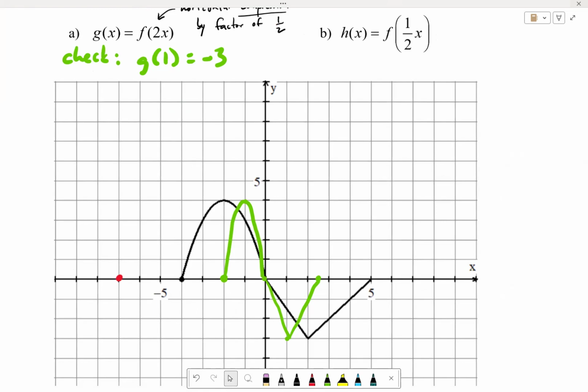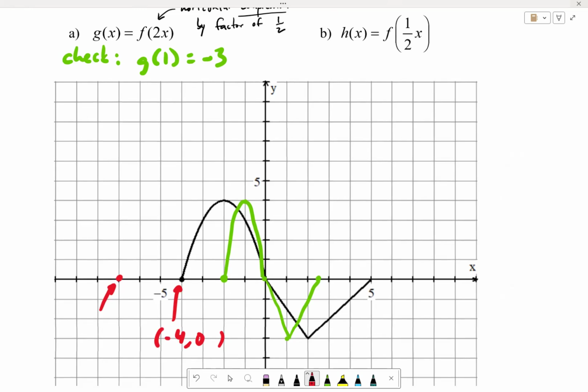Okay, the green one or the new one? The new one. Let's think about where this point came from. Do you know what the coordinates of this point are? Negative 4, 0, I think is what you meant. Okay, and the new one?